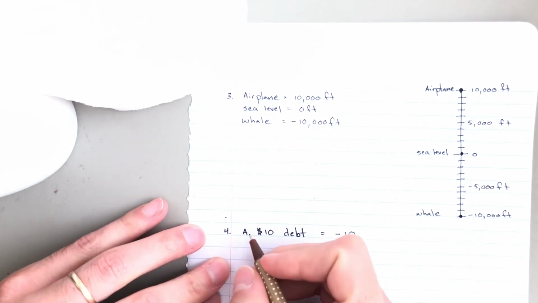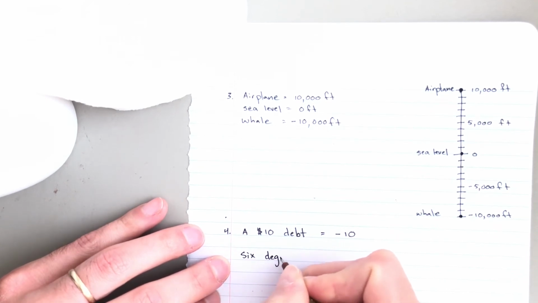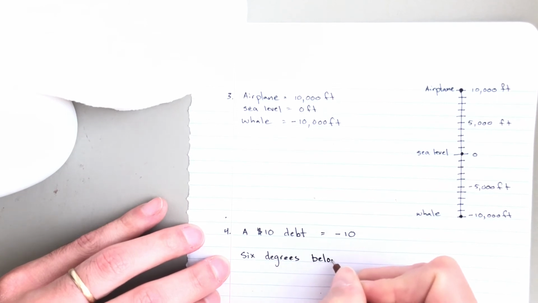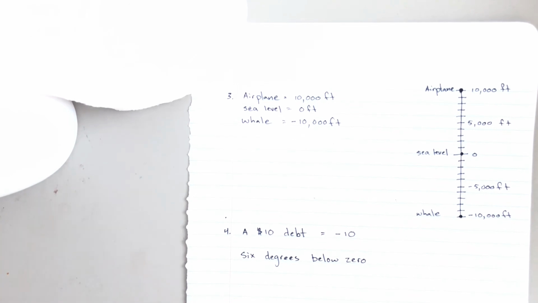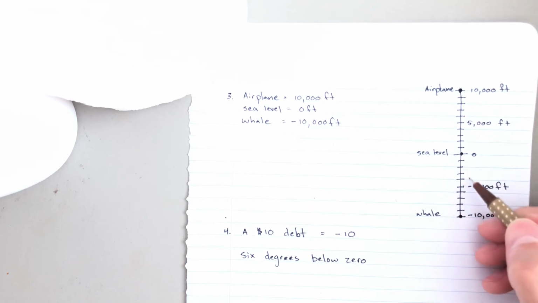The next one is 6 degrees below 0. That one seems pretty obvious, especially because we have the number line over here. If I have 0 here and I go below, this is all negative numbers.